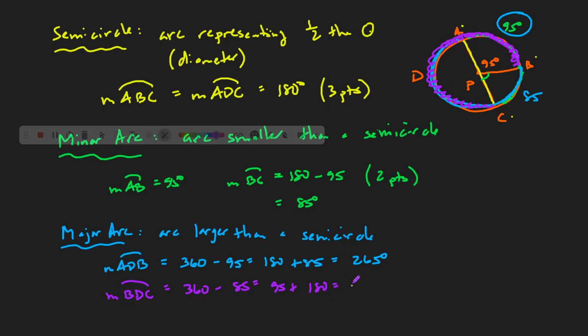Again, no matter how you do it, you're going to get 275. Now, arc BDC is the same as arc CDB. It ends and it goes the same direction. So you just start at one letter, go through the other one, and end at the third letter. And again, you name these with 3 points.